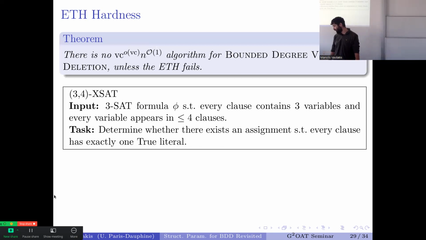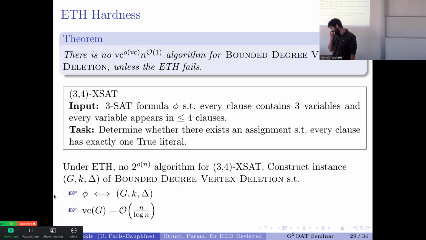So this is a variation of 1-in-3 SAT that we know, under the exponential time hypothesis, does not have such an algorithm with running time 2 to the little o of n. And the idea is that we will start from such an instance, and we will construct an equivalent one of bounded degree vertex deletion, where the vertex cover of our graph will actually be n over log n.